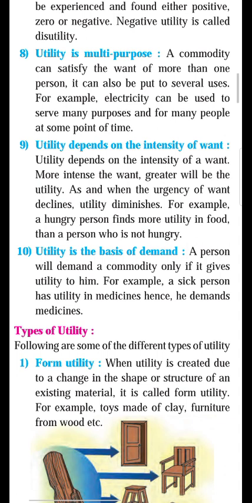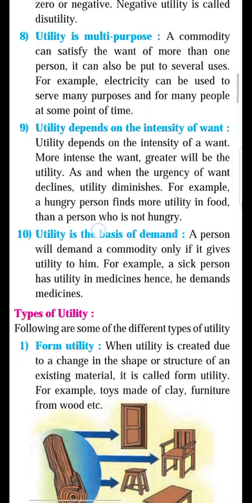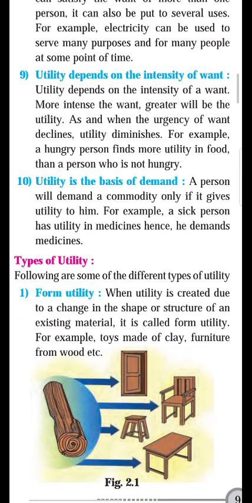So the higher the urgency of want, the greater will be the utility, and vice versa. The lower the urgency of want, the less will be the utility. For example, a hungry person has greater utility at the time of eating food, but as soon as the hungry person finishes the food, he has less utility of the commodity.